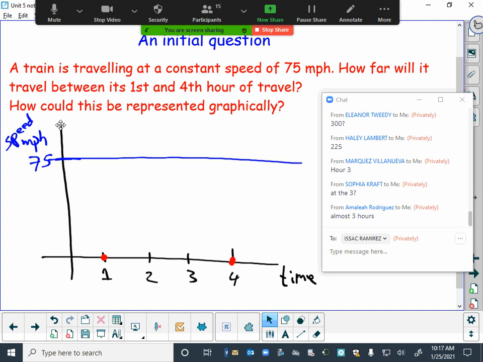After 3, okay, so at the 3, visually, where is the 225?